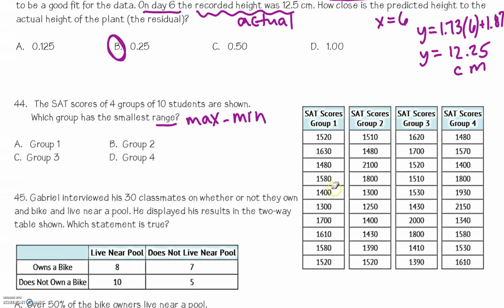Looks like 1700 is going to be my largest score here. So then I look for my smallest score. Looks like the smallest score here is 1300. So max minus min, 1700 minus 1300. That gives you 400 for your range.